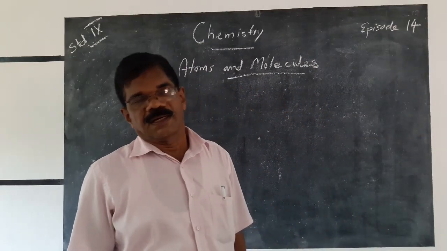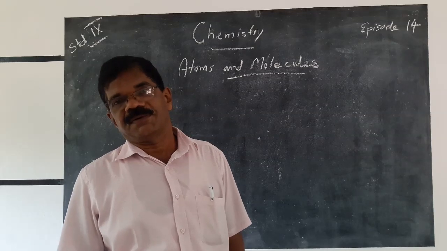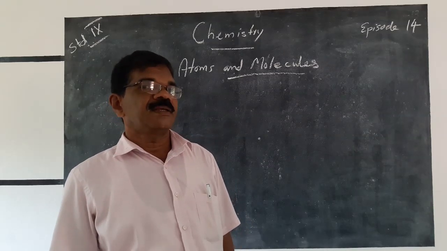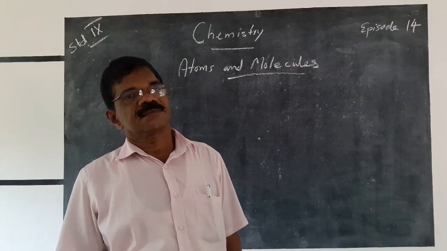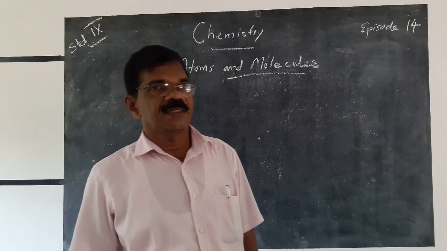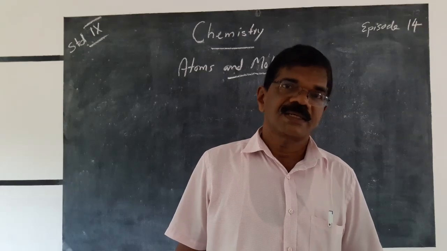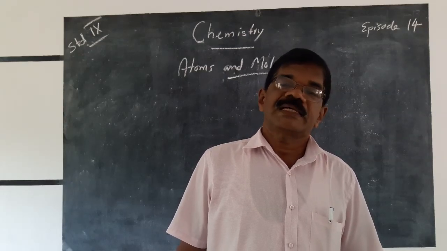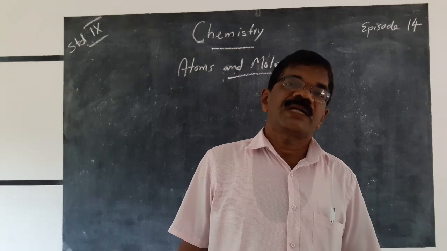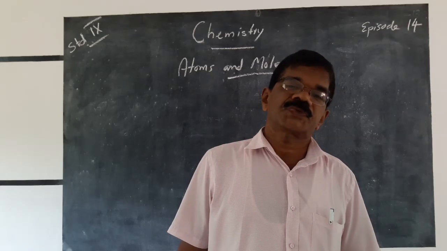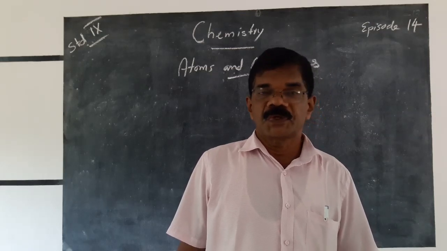Then, can you give a definition of the atomic mass unit? Atomic mass unit is a mass unit equal to exactly 1/12th the mass of a carbon-12 atom.